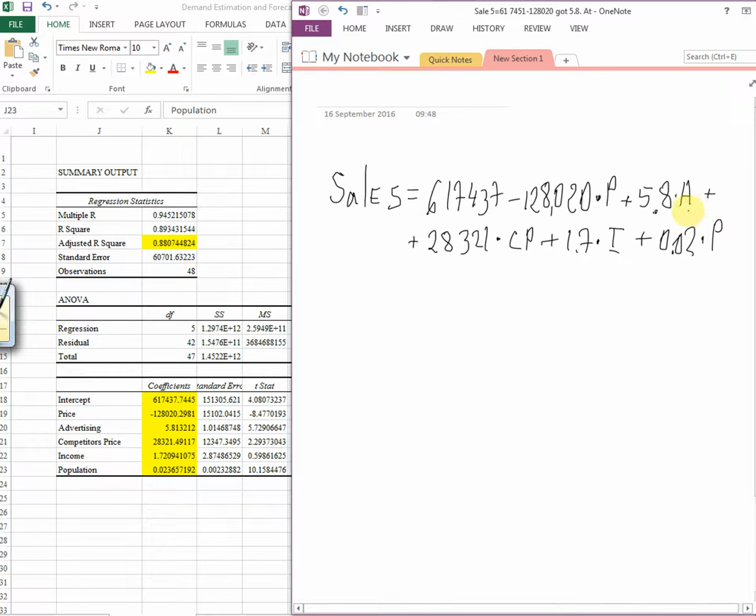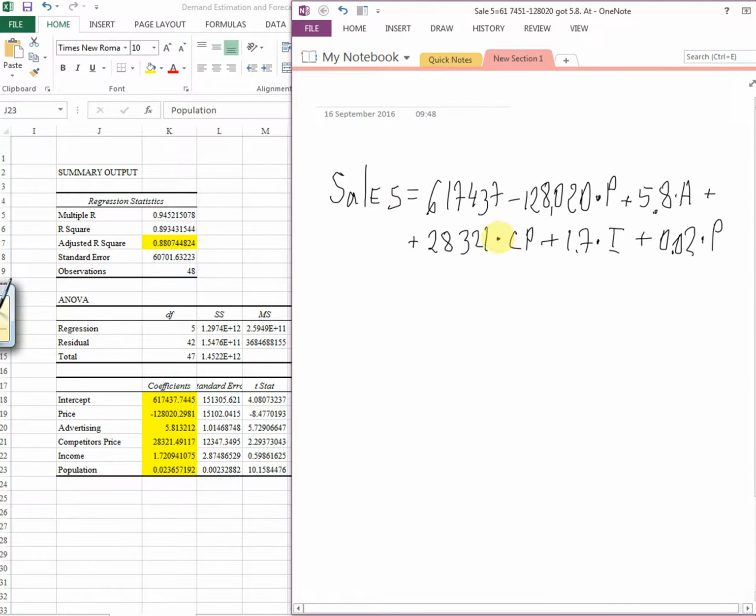Similarly, if you look at this coefficient here, 5.8, A is advertising spending. If we increase the advertising by £1, our quantity demanded increases by 5.8 units, so let's say 6 units of pie. That makes sense, because the higher the advertising spending, the higher the awareness of the product, and the higher the quantity.